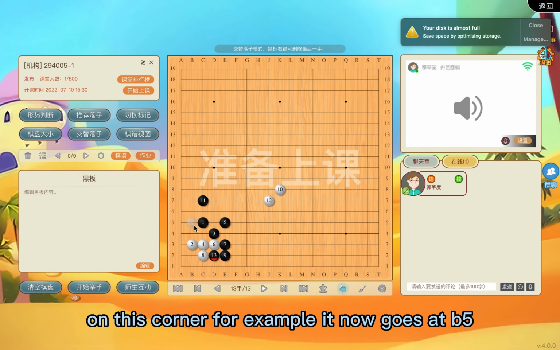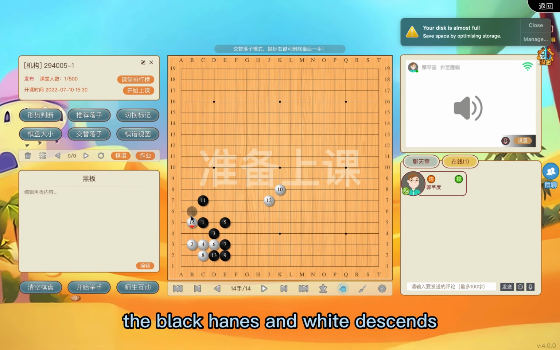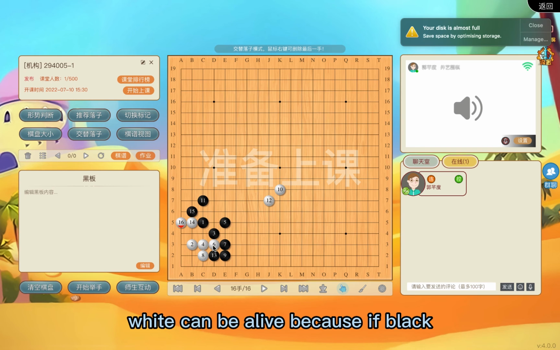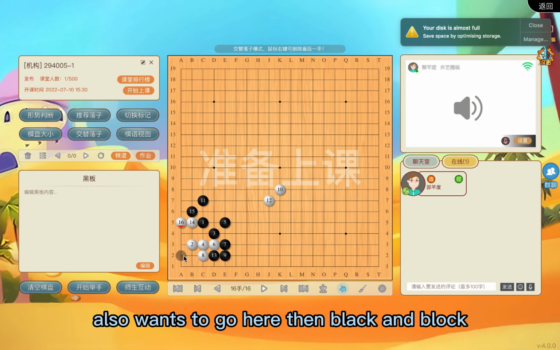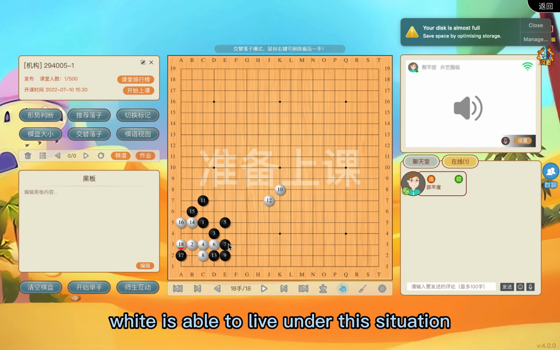For example, it now goes at b5, which is here. Then black hangs and white descends. In this case, we see that white can be alive, because if black also wants to go here, then black can block, making a real eye at here, so that we can see white is able to live under this situation.